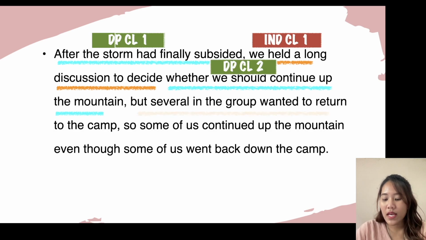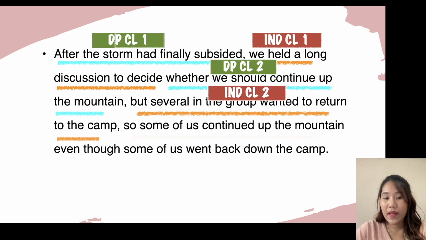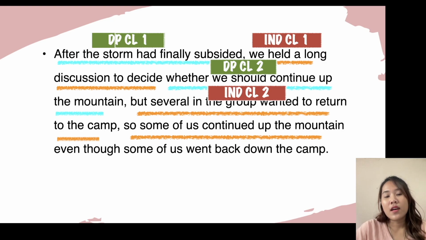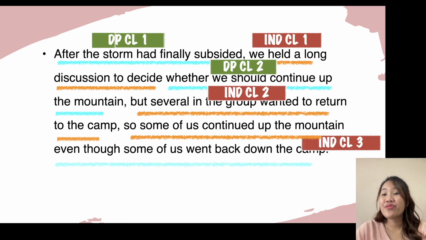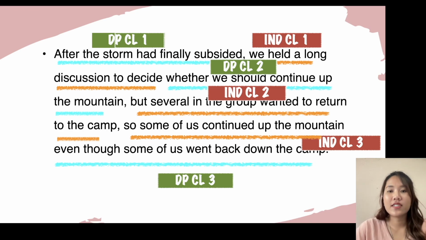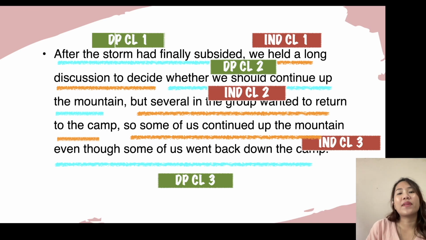"But several in the group wanted to return to the camp" is the second independent clause. "So some of us continued up the mountain" is the third independent clause, and we have the third dependent clause as well, "even though some of us went back down to the camp." So we have three dependent clauses and three independent clauses.